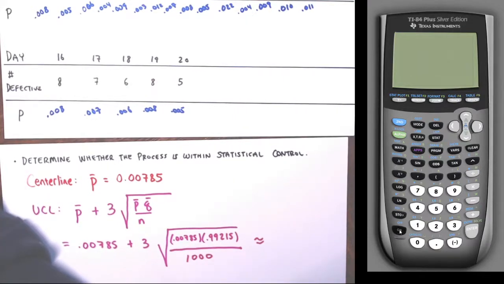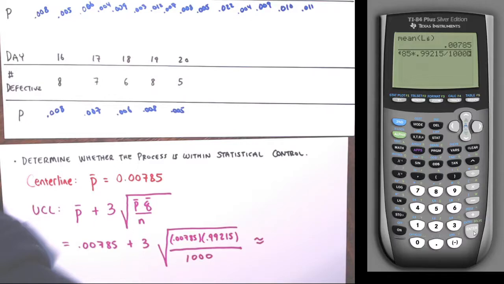All right. So let's calculate this. Let's take 0.00785 plus 3 times the square root of 0.00785 times 0.99215 divided by 1,000, and make sure all of that, p bar times q bar divided by n, is inside the square root.